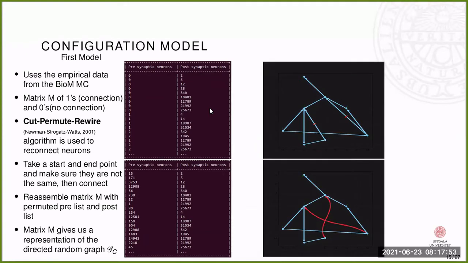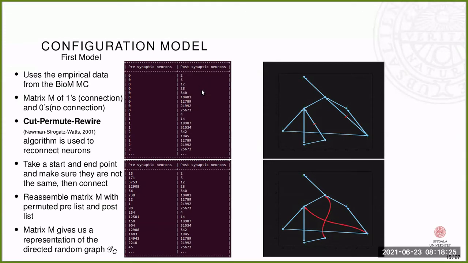The rows are representing the presynaptic neurons, and the columns are the postsynaptic neurons. And so we read in the indexes of each connected pair. And so we get a list like we do in this first image, where we have the first neurons ordered here, and then the ordered pairs of postsynaptic neurons in this list.